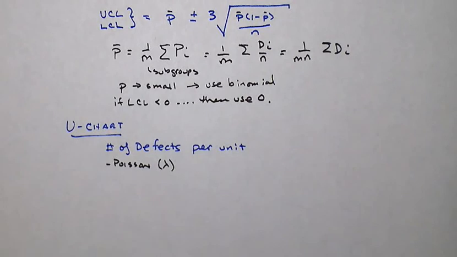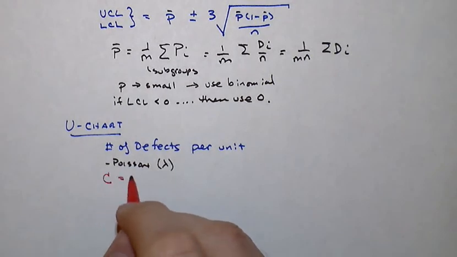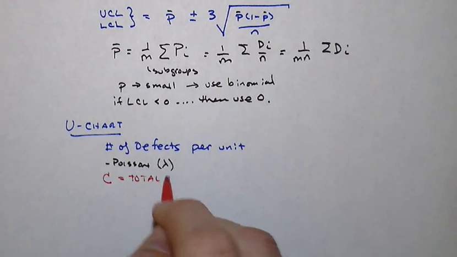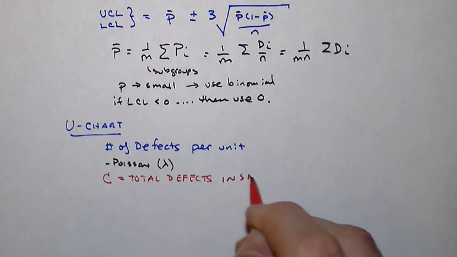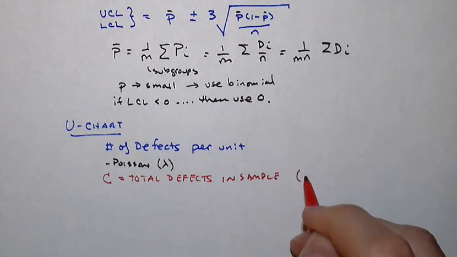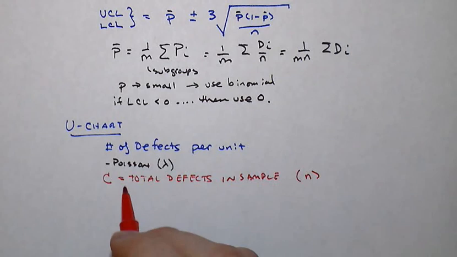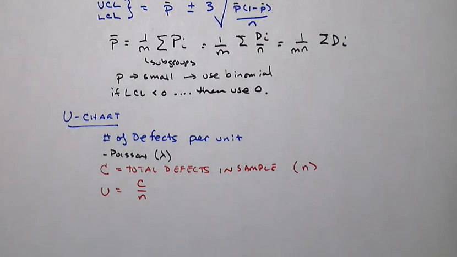And so here in this situation, we've got C being our total defects in the sample, and the sample size here is n, and so our u value is going to be c over n. Looks very similar to what we were dealing with before.